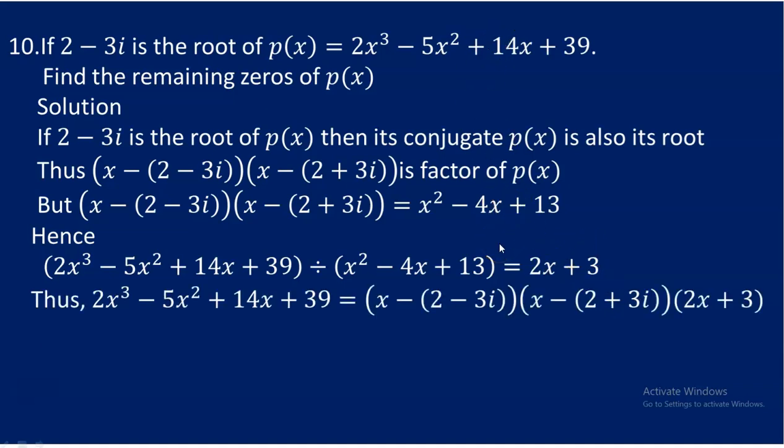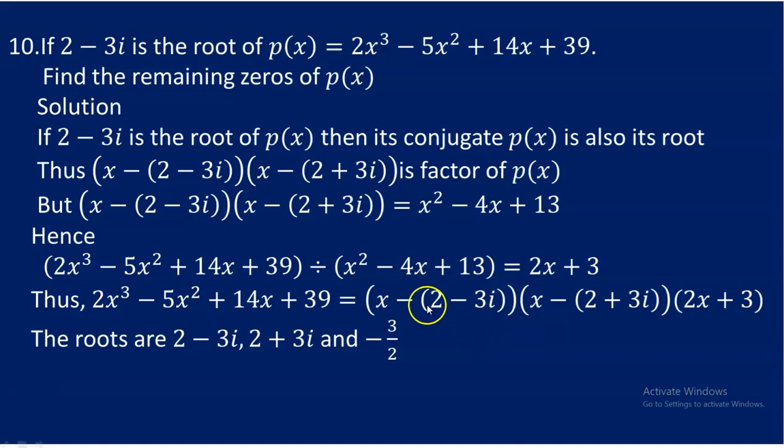Thus, you can write p of x as the product of these two expressions times 2x plus 3, because this is obtained from the division operation. From this you can understand that the zeros of this polynomial are: one is 2 minus 3i, because it is a zero of the first factor, and the zero of the second one is 2 plus 3i.